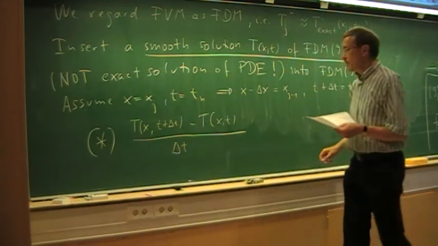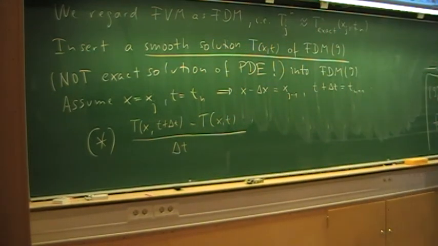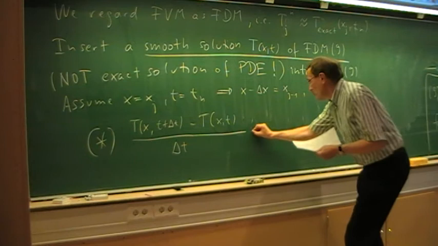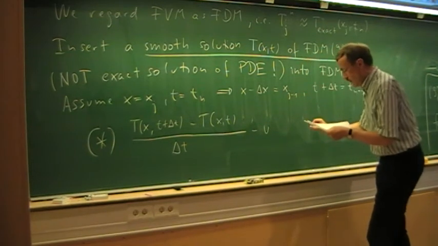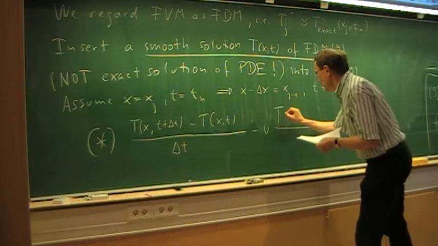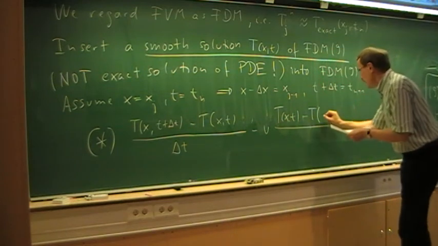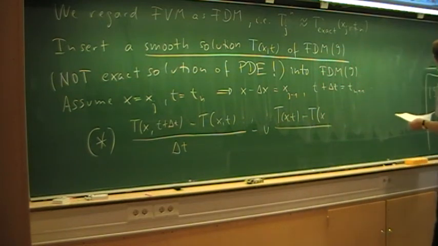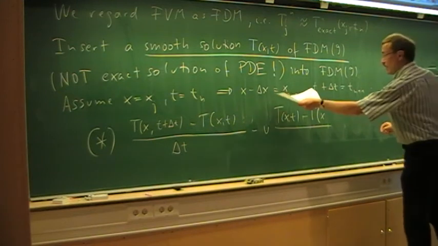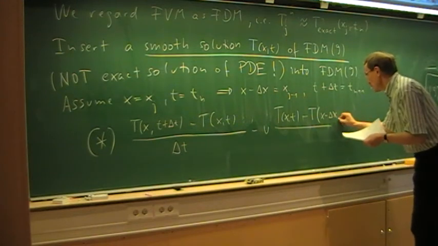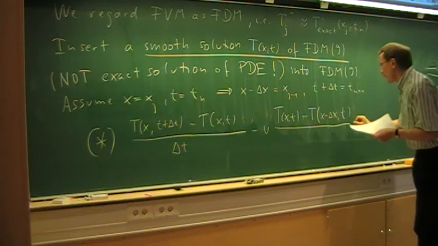Now we do it also here: minus the constant velocity times T(x,t) minus T at x minus delta x, and t.